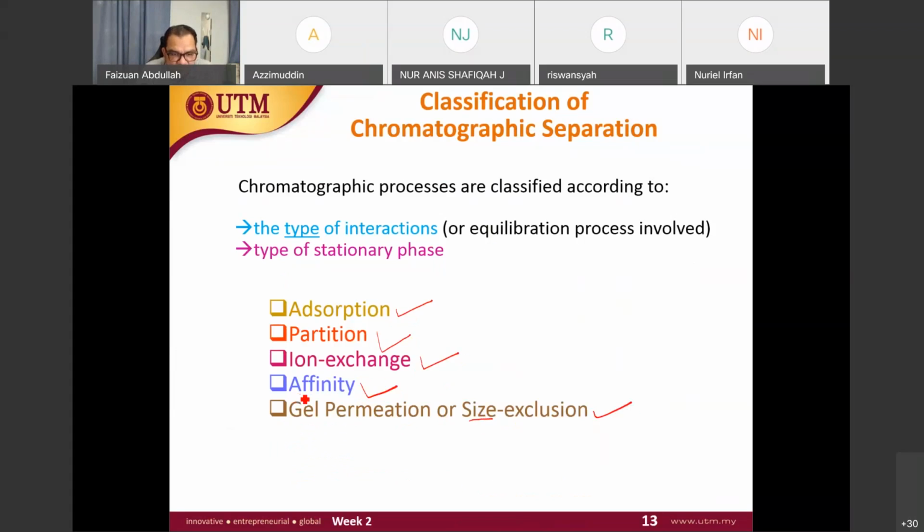So what is affinity? Can anybody give me the answer? What is affinity? Give your idea. Or you want to Google, up to you. What is affinity? Attraction.